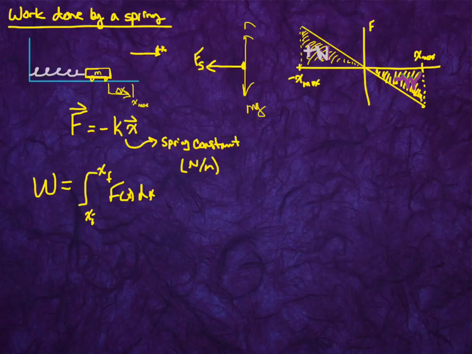But our f of x equals negative kx. So we plug this in here, and this is pretty simplistic right now.